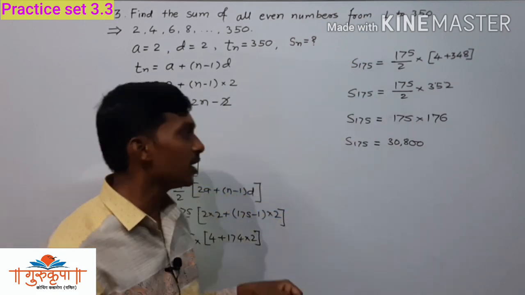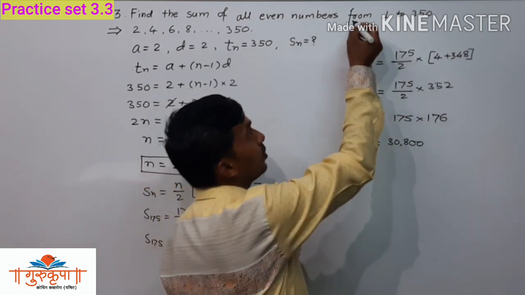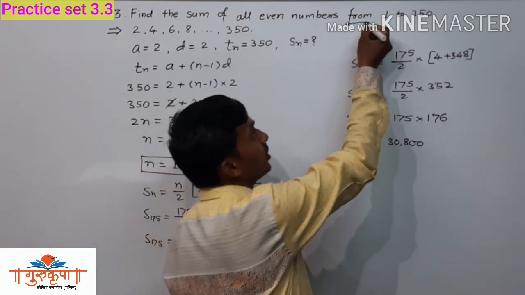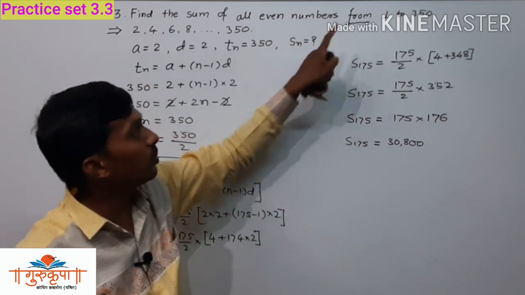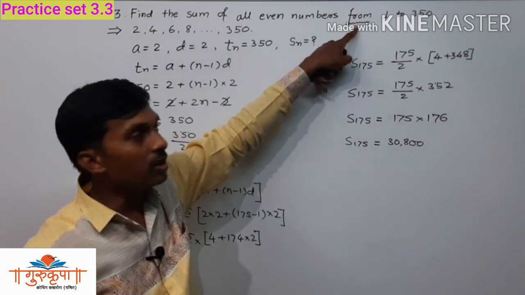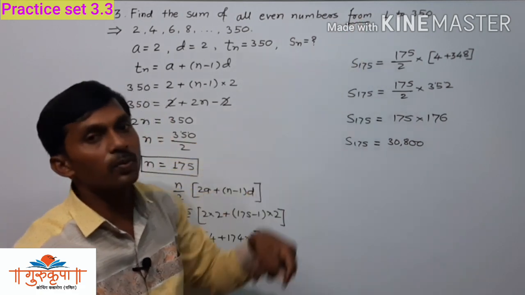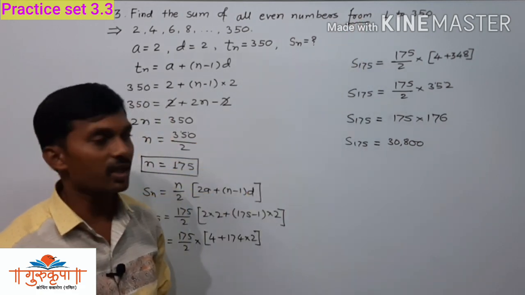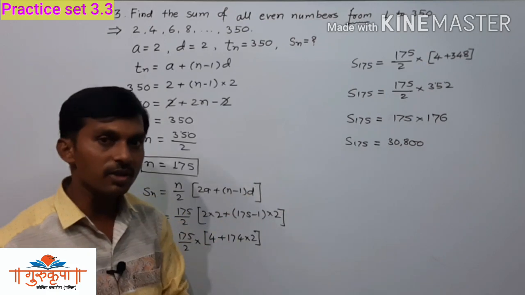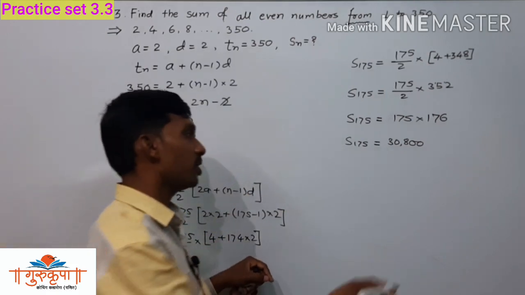This is not a wrong answer. But inside the textbook, a different answer is given. If you would like to get the answer which is given in the textbook, then we have to make a change in this question. In place of from, we have to put the word between, and then you will get the answer which is given inside the textbook. So this is also a correct answer.